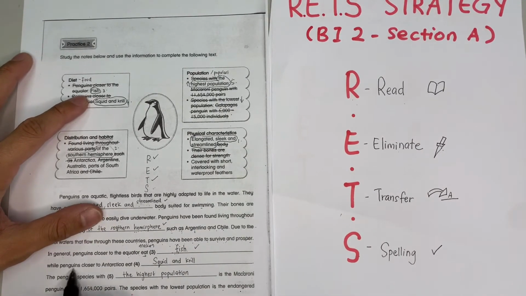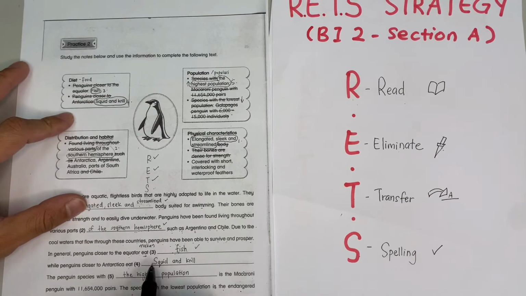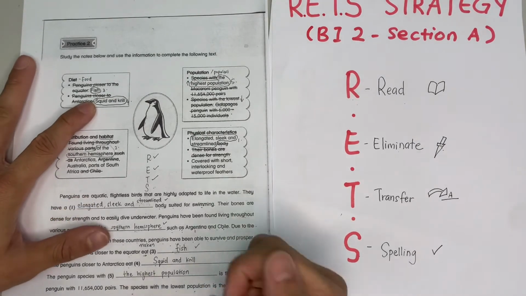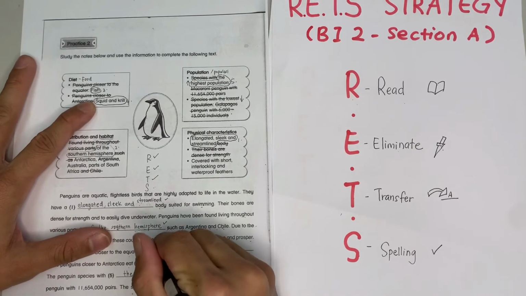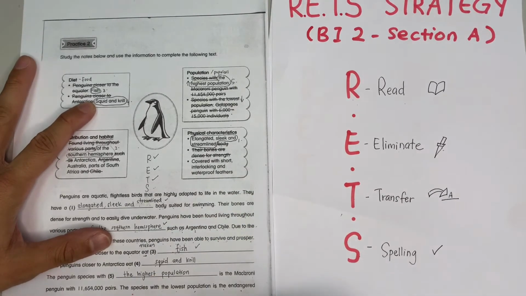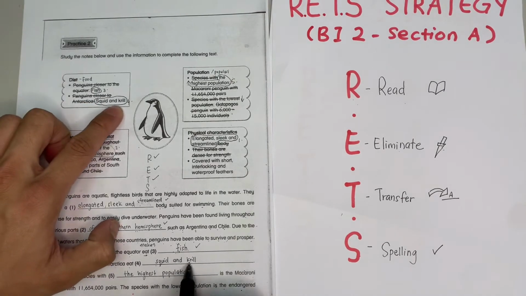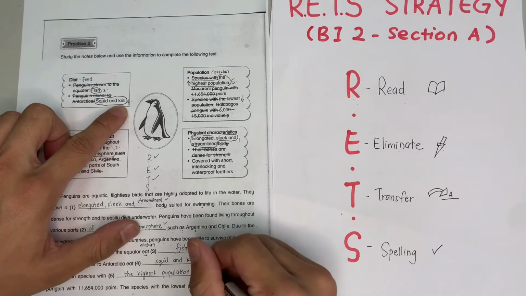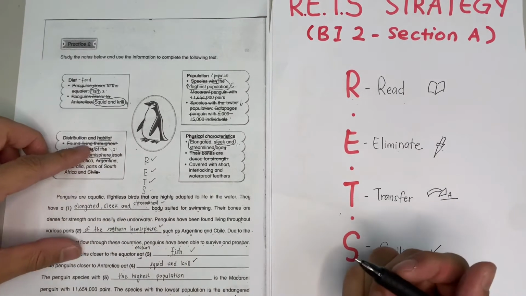Same here. While penguins closer to Antarctica eat... Same mistakes as just now. So we are going to erase it and then we're going to put a small s. Squid and krill. Spelling KRILL. Okay, I'm happy with my answer. I'm going to give it a small tick.